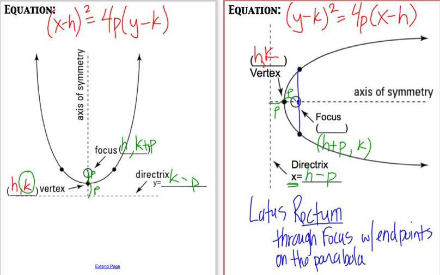The length is always going to be 4p long. And we'll call that the absolute value of 4p, so even when p is negative.